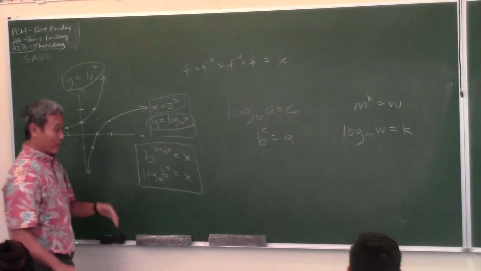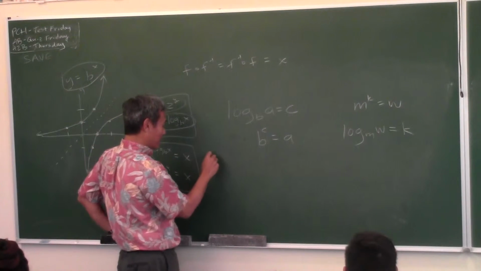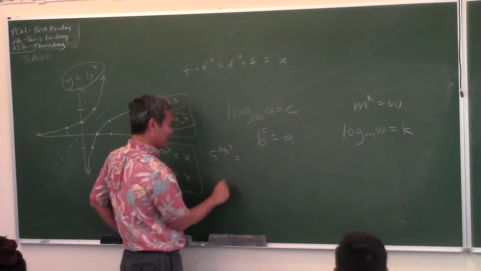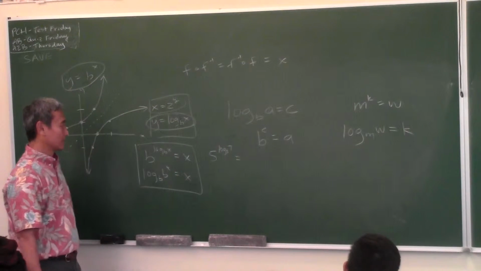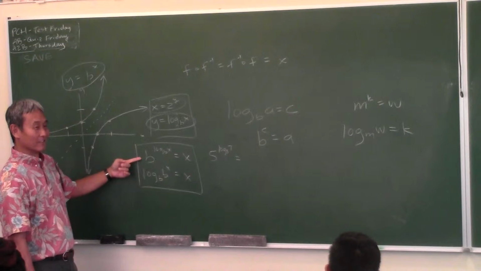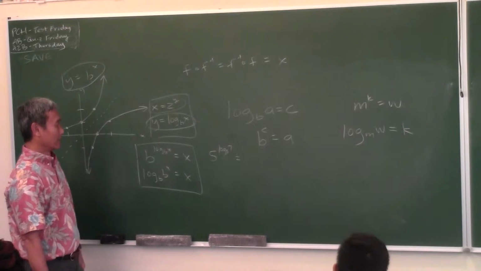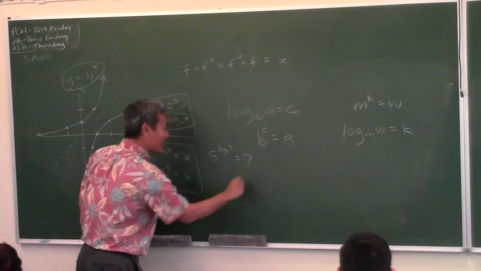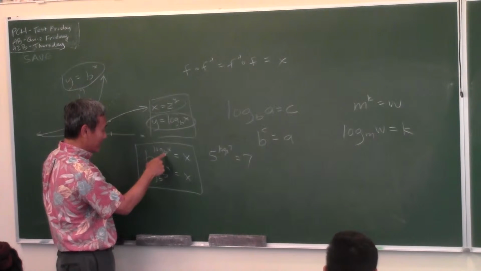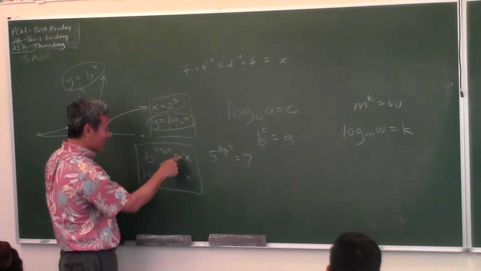For example, one of your problems on tonight's homework is going to be this. What is 5 to the log base 5 of 7? Here, I'll give you a hint. Look at that one. It's 7! Look, b to the log base b of x is equal to x.